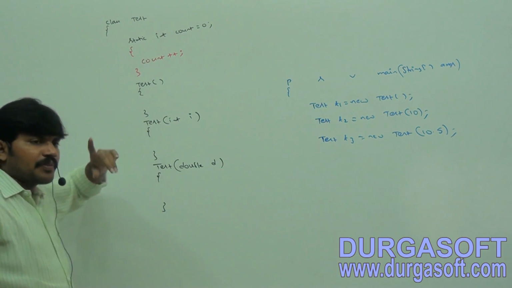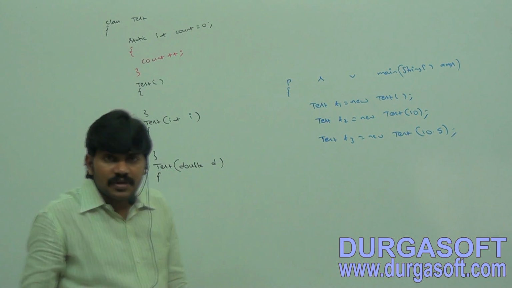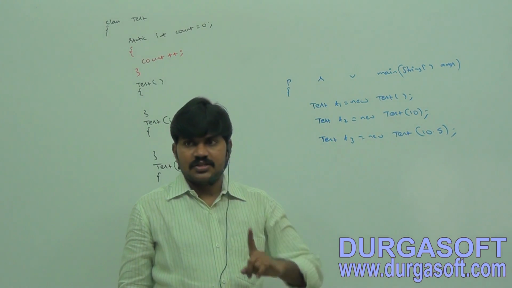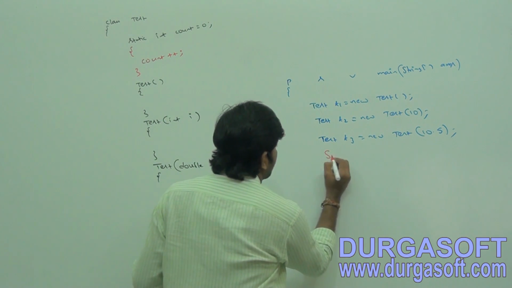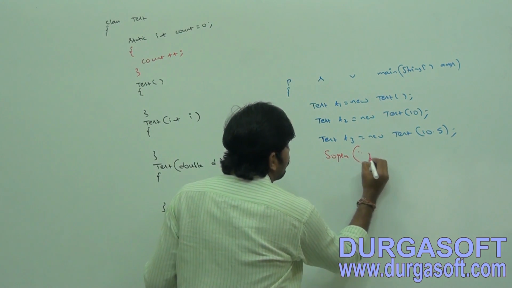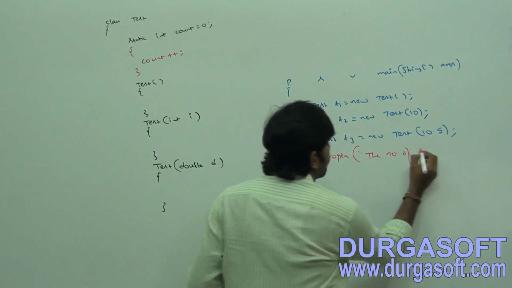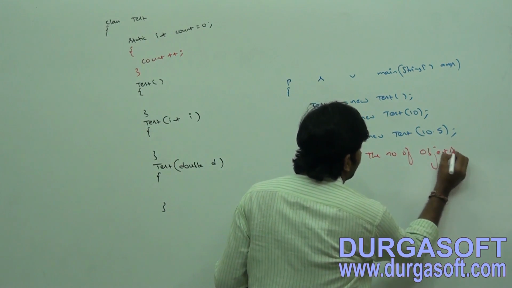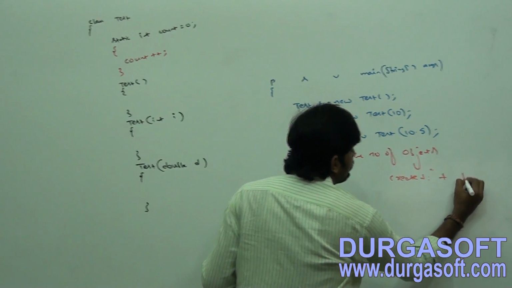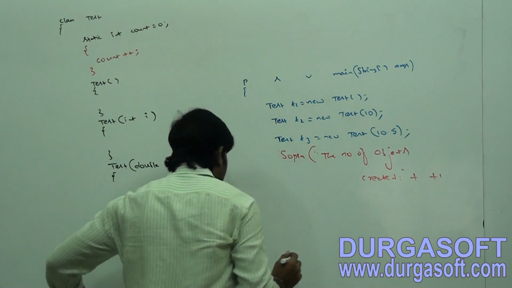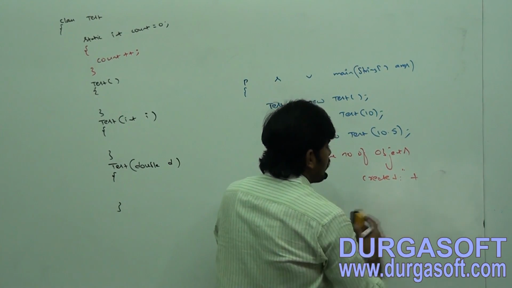if we want to perform any activity, then it is highly recommended to go for which concept? Instance block. The best suitable one is, for example, System.out.println, the number of objects created for a class, plus count.